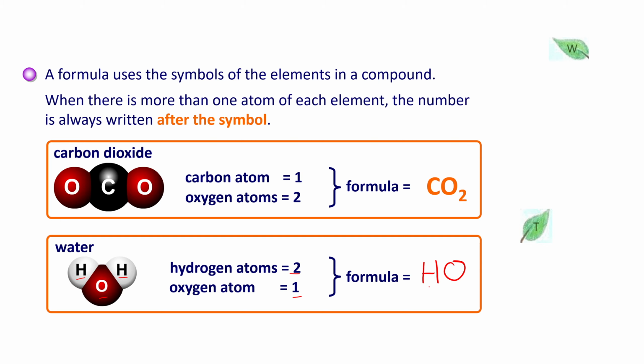I know the symbol for hydrogen is a capital H. I know there is an oxygen atom, and the symbol for oxygen is capital O. But I have got 2 hydrogen atoms, so I have to write a little 2 or a subscript 2 there. Now this is the correct formula, H2O, which is water.